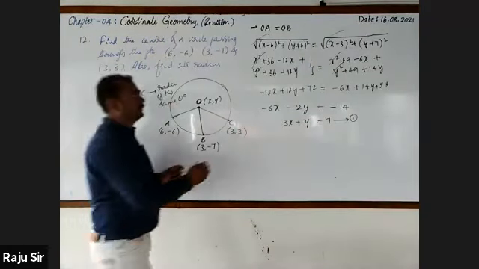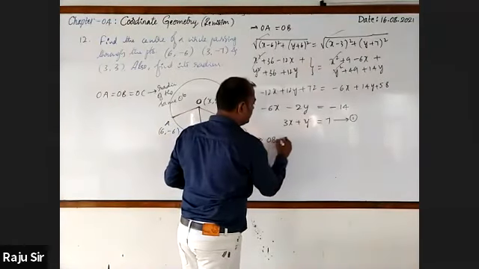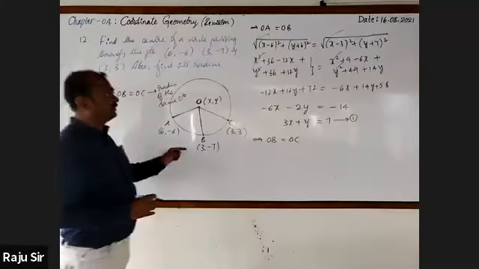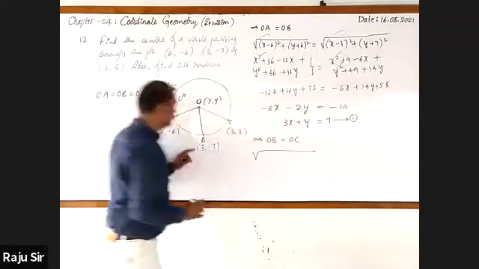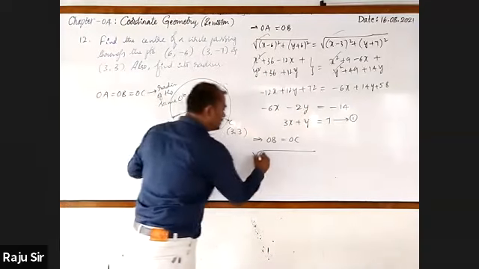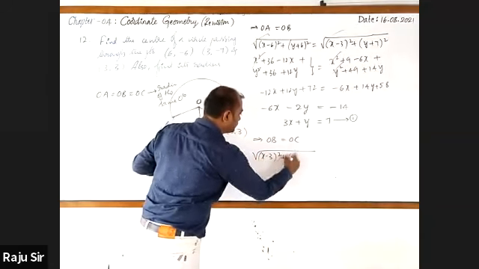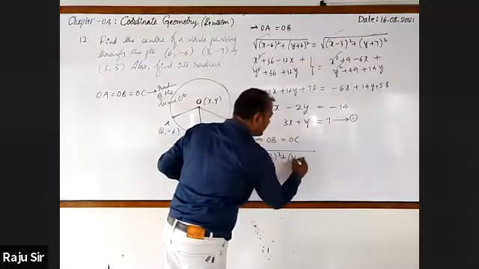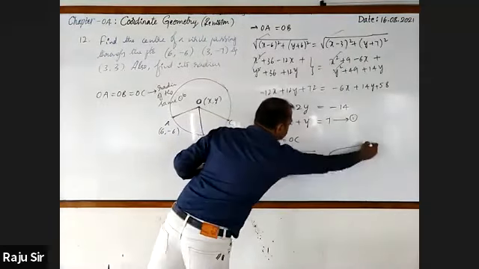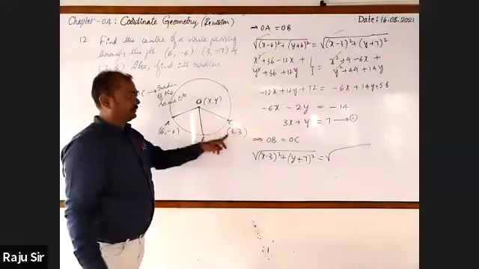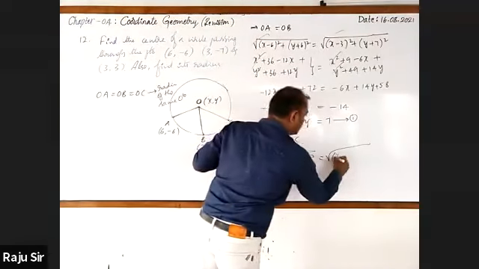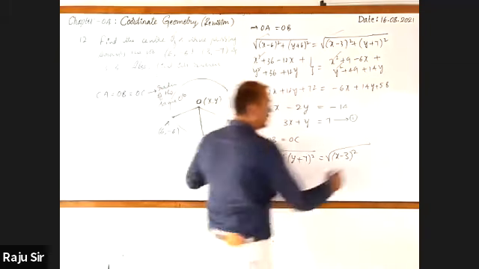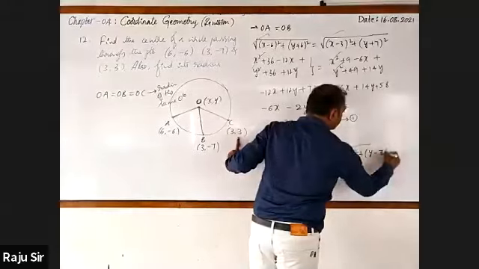Now let me take OB and OC. The square root of OB, this is x minus 3 whole square plus y plus 7 whole square, is equal to the square root of OC, x minus 3 whole square plus y minus 3 whole square.